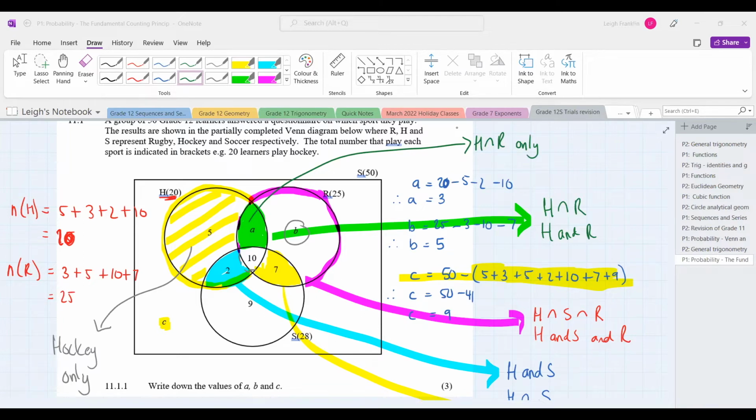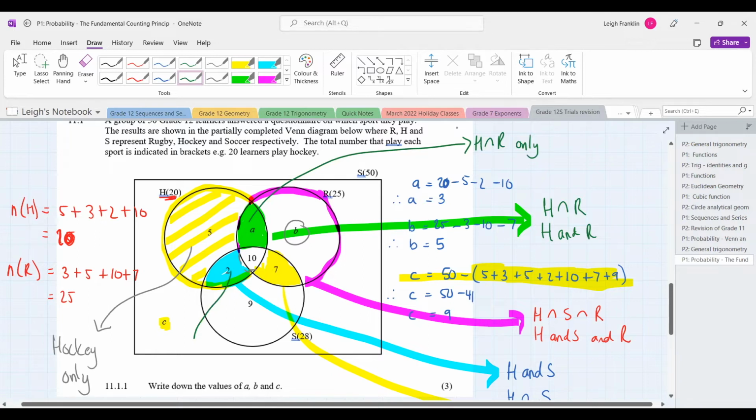Similarly, this bit over here that's now in blue, there are 2 people that play hockey and soccer only, and there are 7 people that play soccer and rugby only. Does that make sense to everybody? How are you feeling? Am I making sense to you?